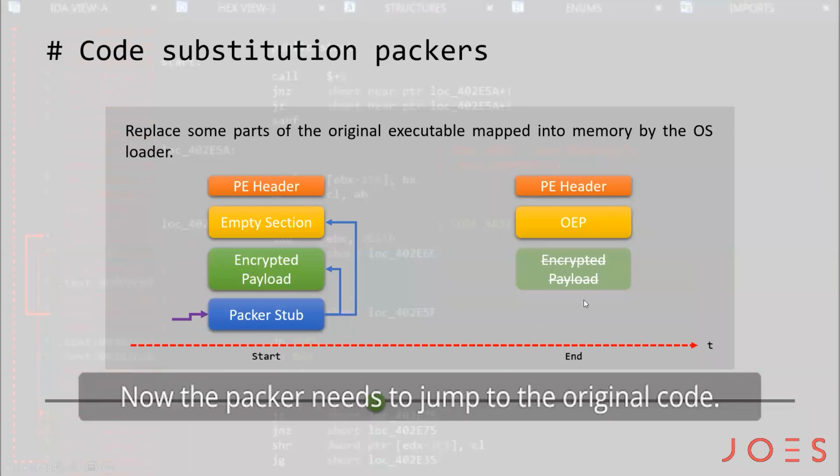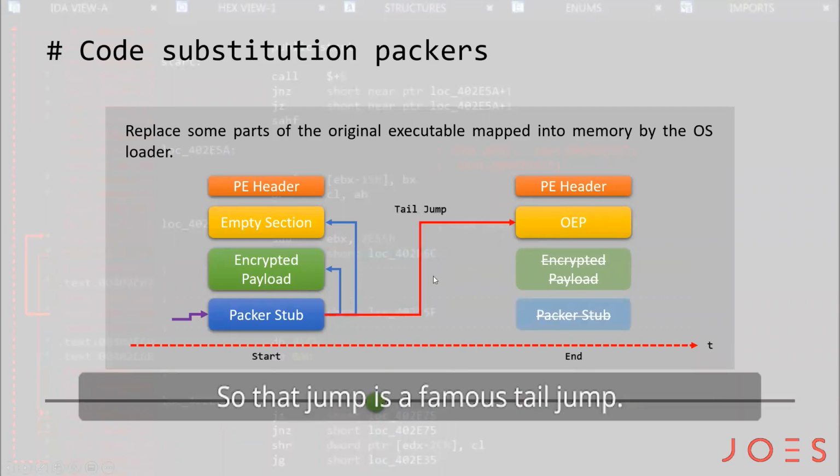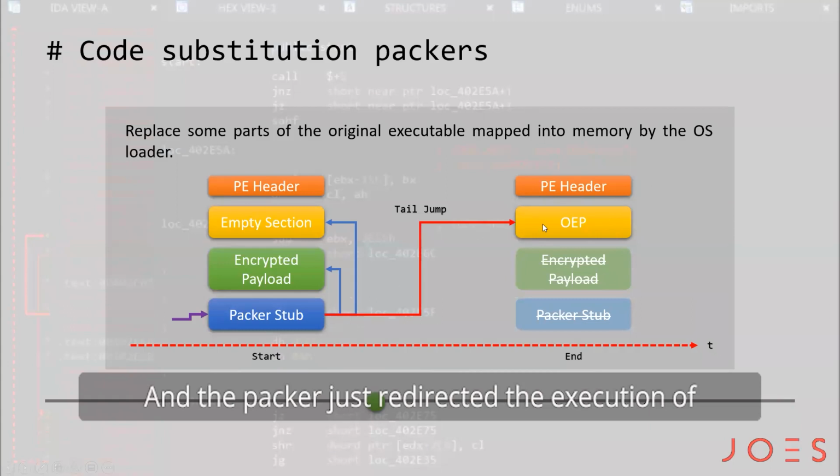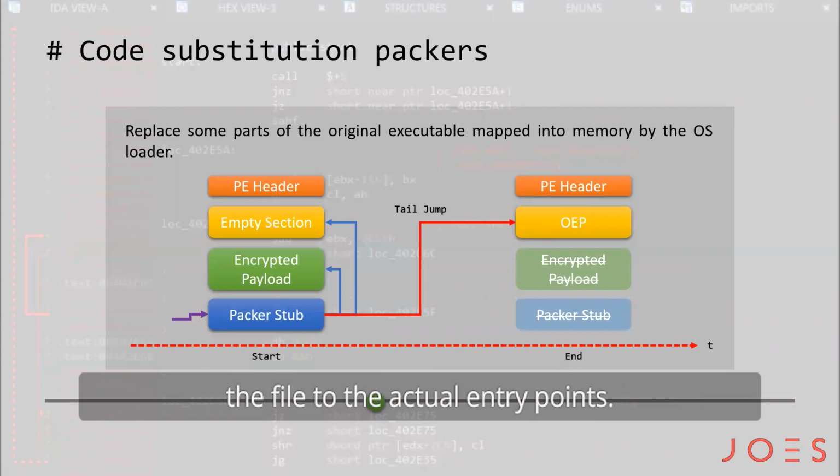Now the packer needs to jump to the original code. So that jump is the famous tail jump. So at the end, you are going to have all this code that is no longer useful, but the original code is also in memory. And the packer just redirected the execution of the file to the actual entry point.